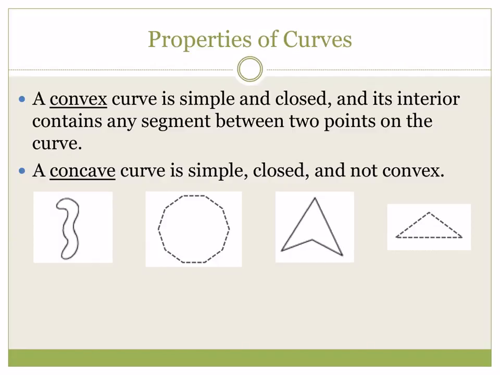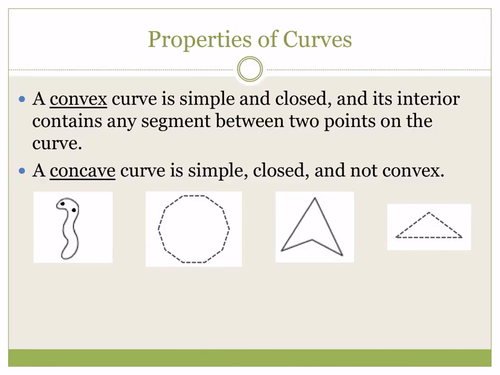So what we have to be able to do is take two points on the interior and check to see whether or not we stay on the interior. If I took these two points and connected them with a line segment, am I still completely inside of the curve? Yeah, I am. But is there a way in this particular diagram that I could take two points and that wouldn't work?